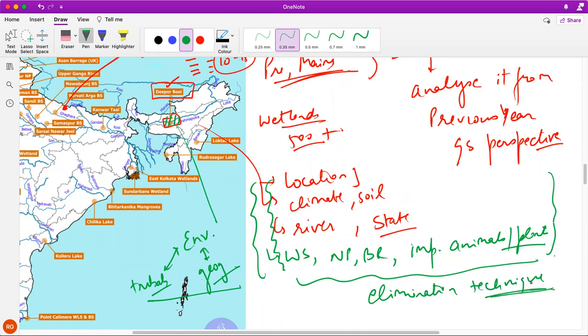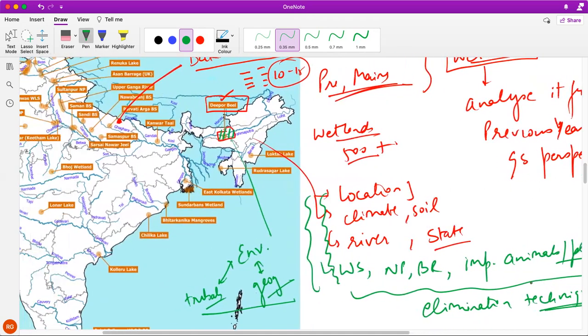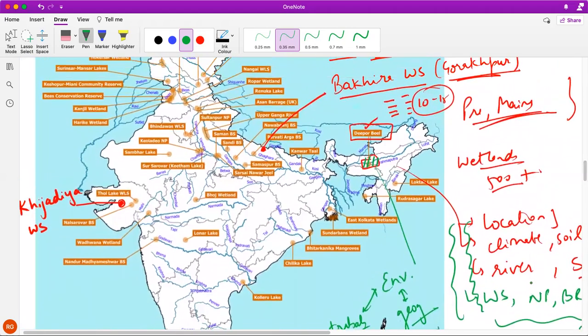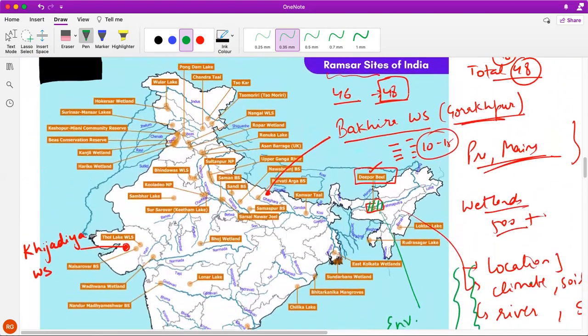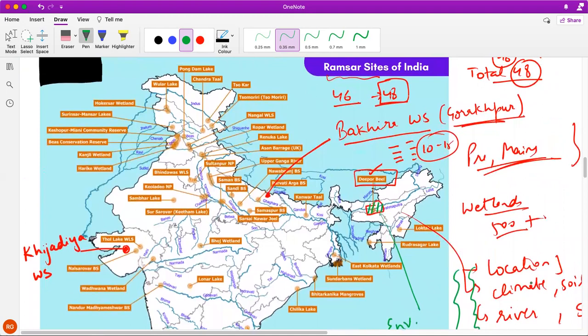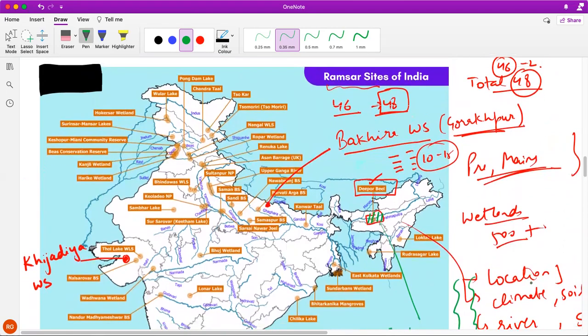So you have to remember all these 48, and they are not tough to remember. Just take a printout of this map and look at it every day, and with time these places would become familiar to you. This is how you have to approach it.